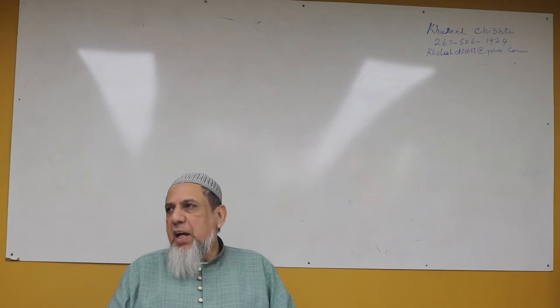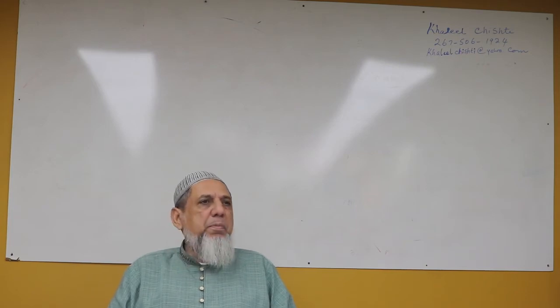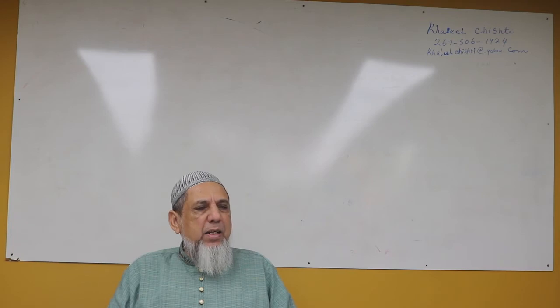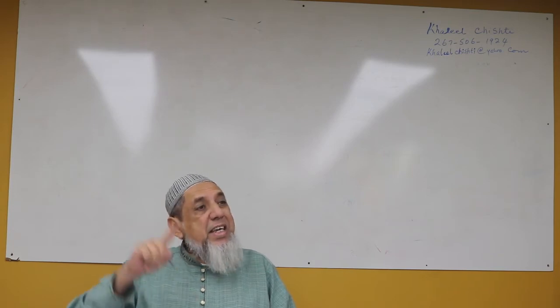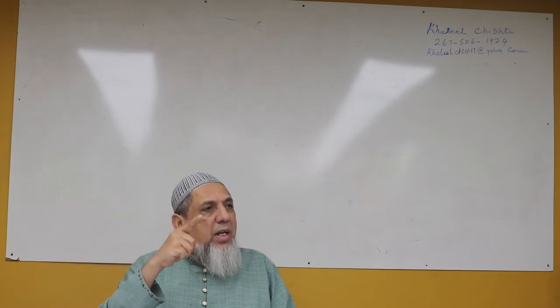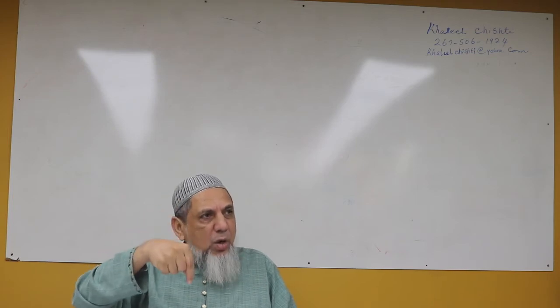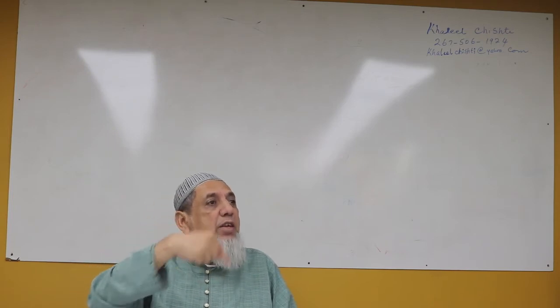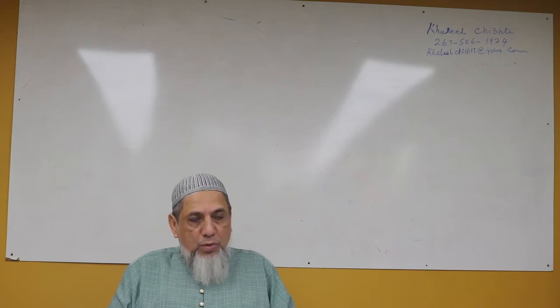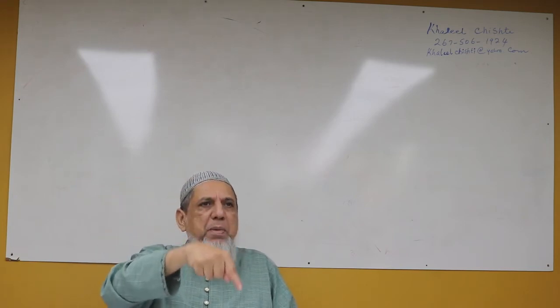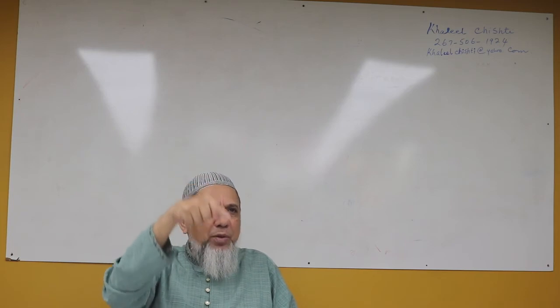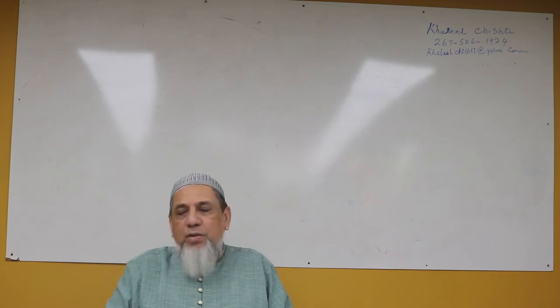So in Arabic language, the verb is indicated with three conditions. Nasara means the work is done in the past. Nasara, he helped. Yansuru, he is helping now, or he shall help in the future. And unsur means help. Please help.